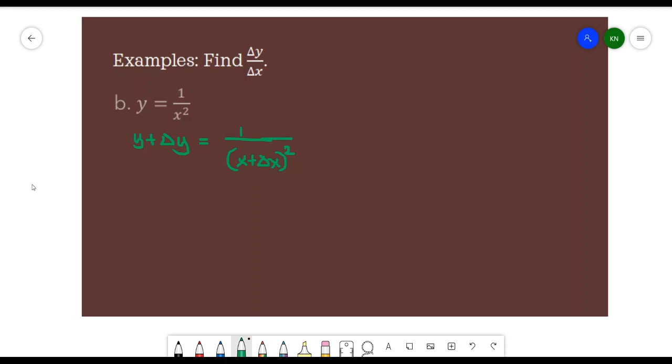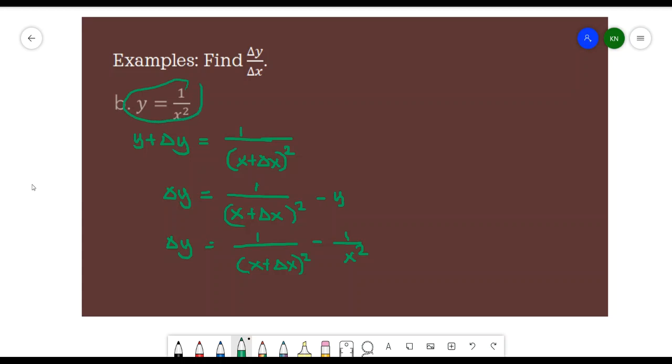So this is the first step, or the step in A. Now we need to isolate our delta y by moving our y to the other side of the equation. So we have 1 over x plus delta x squared minus y, and then substitute the value of y by its value. So we have 1 over x plus delta x squared minus 1 over x squared, right? So this is the value of our y.